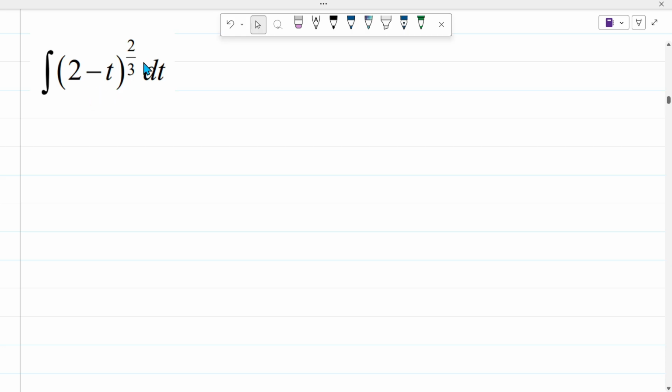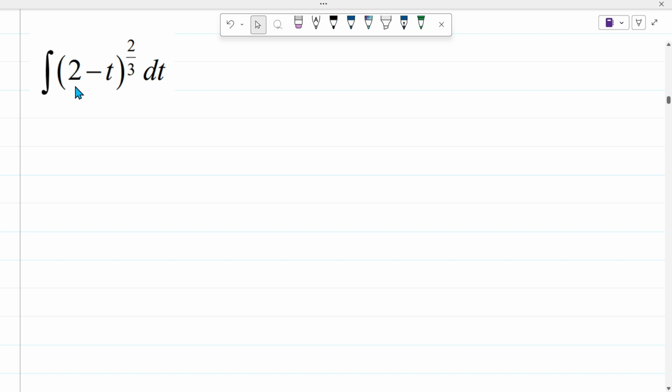The integral of (2 minus t) to the power 2 over 3t dt, so we're integrating with respect to t. We ask ourselves, can we simplify this? No, there is nothing to do here. Can we apply the general power rule, meaning do we have the function and its derivative?